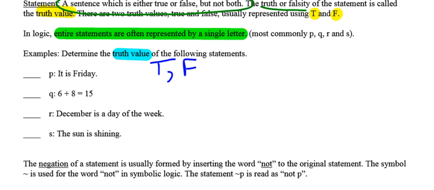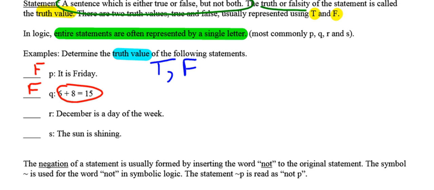And as of the time that I'm making this video right now, that is a false statement, unfortunately. It says, let Q represent the statement 6 plus 8 equals 15. It doesn't matter when you're watching this video, this sentence is a false sentence, and therefore the truth value for statement Q is false.